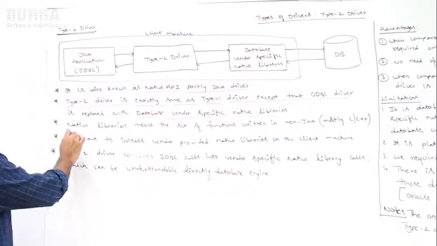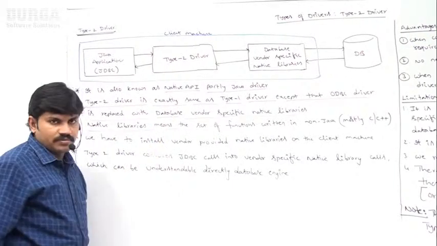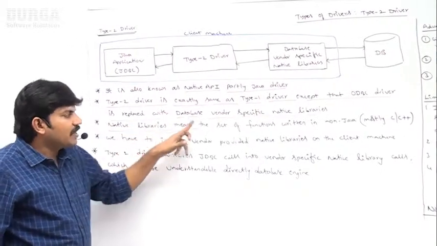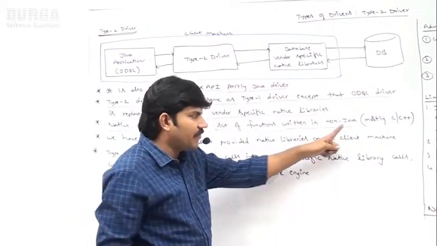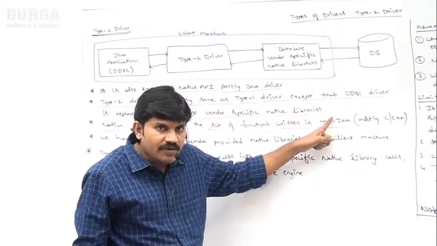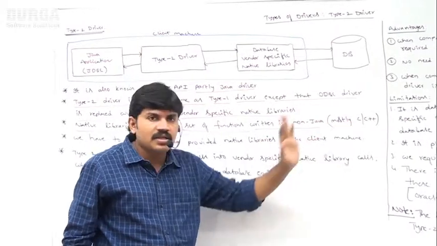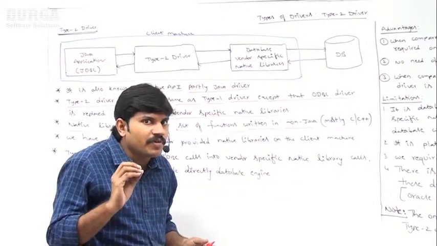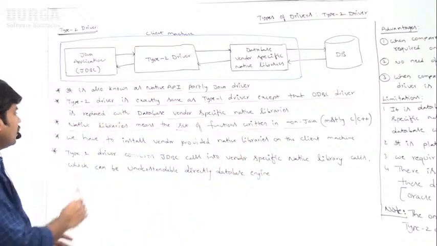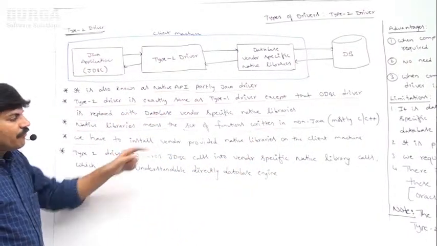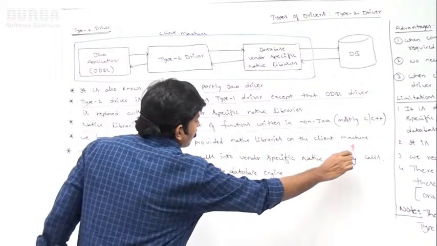Next, what is the meaning of native libraries? Just now I told you, native libraries means the set of functions written in non-Java, mostly either C or C++. Such functions are called native functions, native libraries. We have to install vendor-provided native libraries on the client machine.